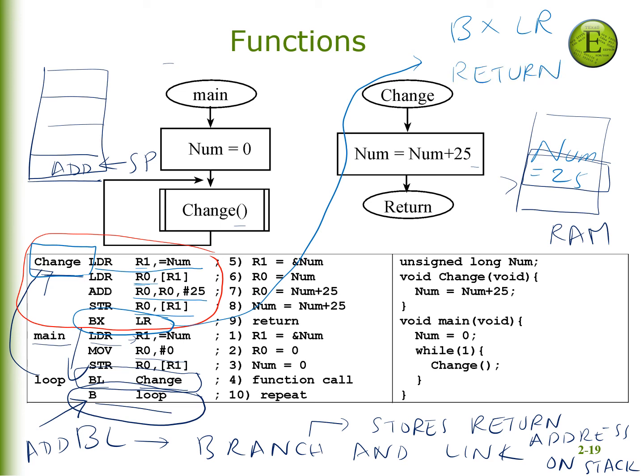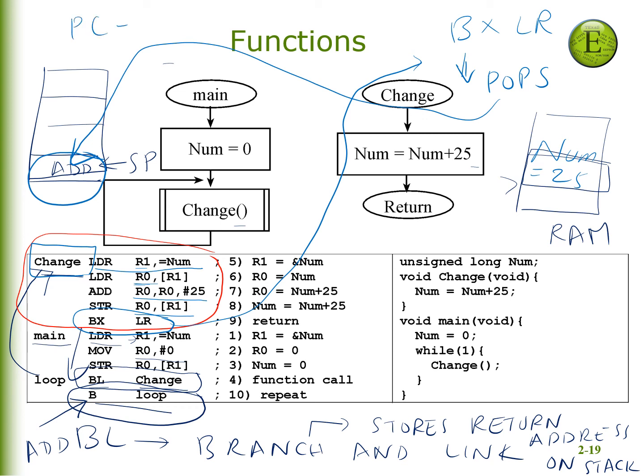Essentially, this instruction pops the return address from the top of the stack and puts it in the PC, so that the PC now contains the address of this instruction.